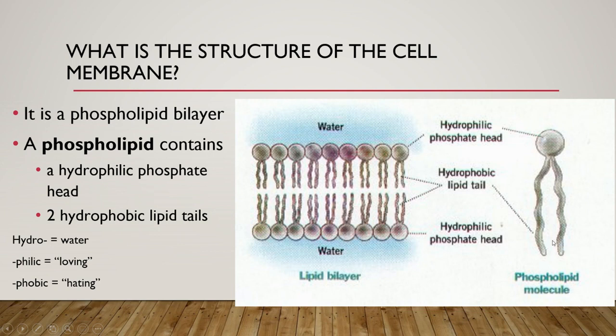Hydrophobic meaning water hating. When thrown in water, these phospholipids will arrange themselves in a bilayer where the hydrophilic heads will be facing towards the water and the hydrophobic lipid tails will be facing each other. This creates sort of a cell membrane.